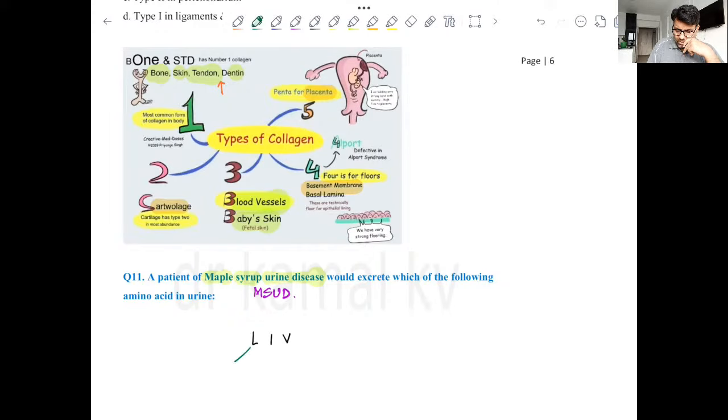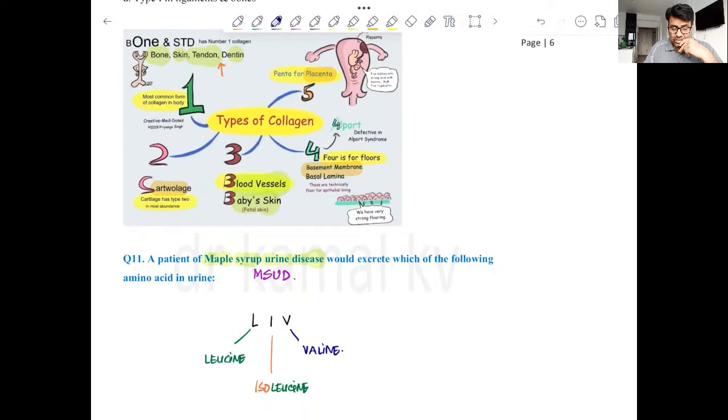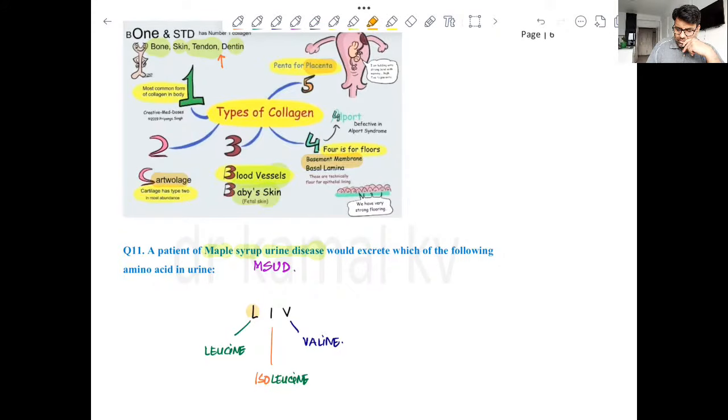So L for leucine, then I for isoleucine, clear, and V for valine. So these are the 3 amino acids whose metabolism is defective in maple syrup urine disease because of deficiency of branch chain alpha keto acid dehydrogenase, right? So just remember LIVE.